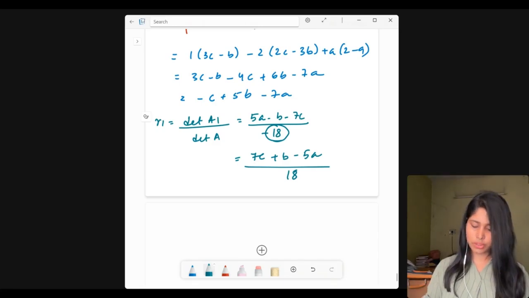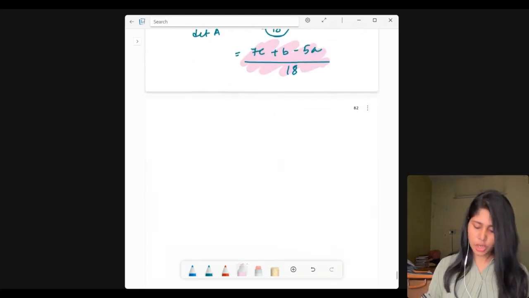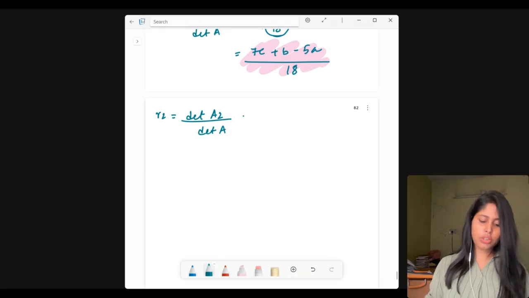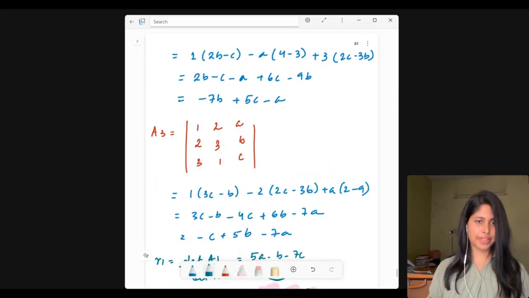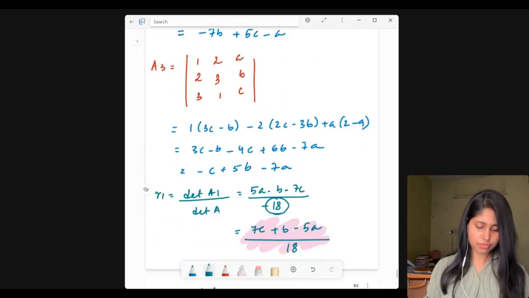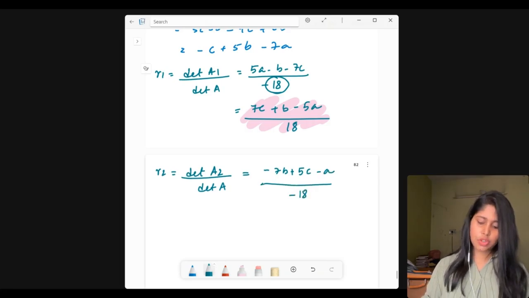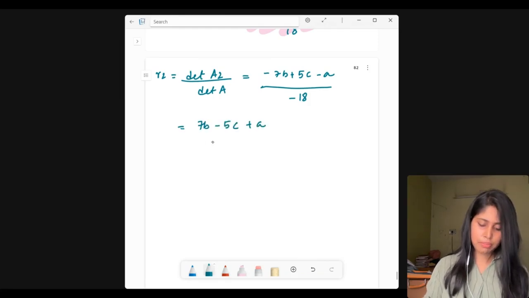Now we will find the value of r2. r2 is equal to determinant of A2 by determinant of A. The determinant of A2 is minus 7b plus 5c minus a, divided by minus 18. Changing the signs, we get 7b minus 5c plus a by 18.